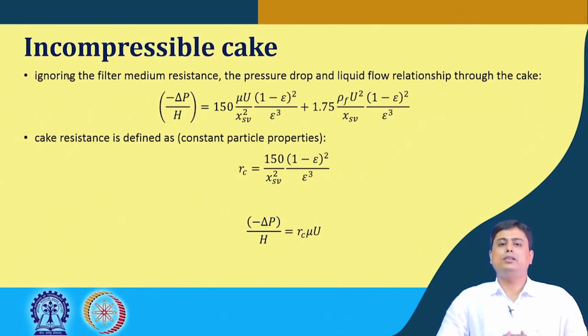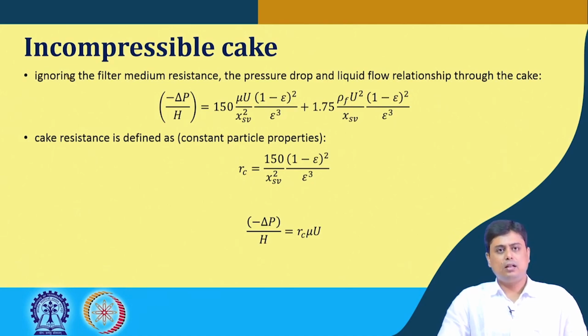Although there is resistance from the filter media itself, we will incorporate that influence at a later stage. For the time being, we consider that the pressure drop required for a particular rate of filtration is essentially dictated by the resistance to flow through this cake, or porous media.